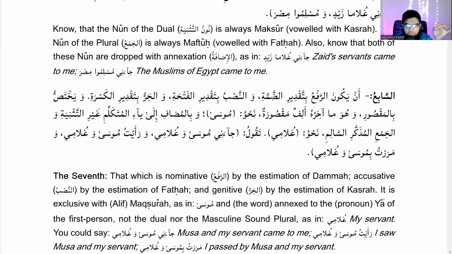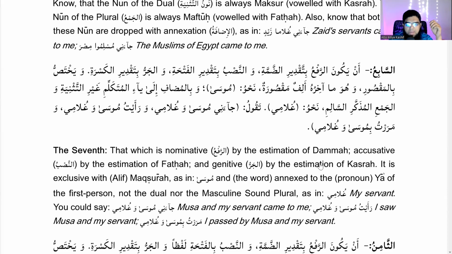Rafa by estimation of a dhamma, nasb by estimation of fatha, and jar by estimation of kasra. Now you cannot even see the dhamma. This is all assumption, estimation. You cannot see anything. Dhamma, fatha, kasra is just imagination.